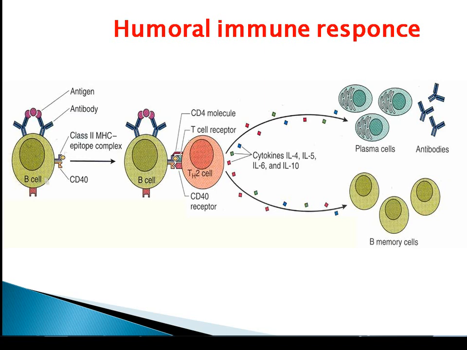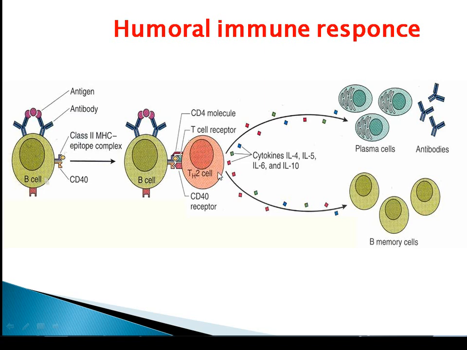So for all thymus-dependent antigens, B cells internalize and disassemble their antigen surface immunoglobulin complex, load the MHC second molecules, and place this MHC second epitope complex on the cell membrane to present it to the T helper 2 cell.